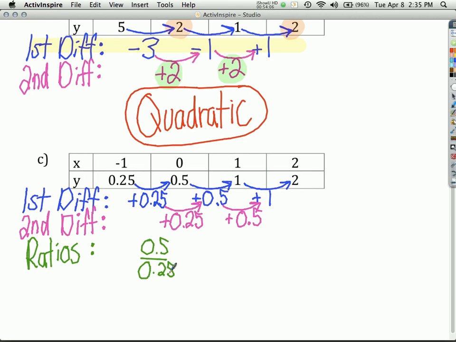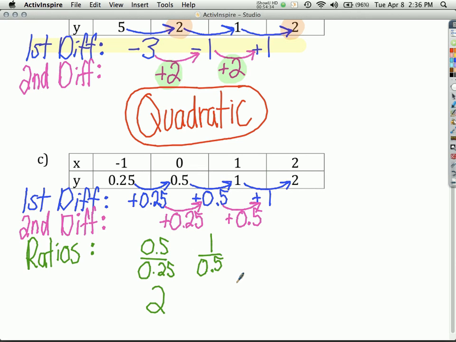What does that come out to, Sebastian? Comes out to 2. Or 2 over 1. Now, let's look at these two values. 1 over 0.5. Put that in simplest form. What does that come out to? Only a couple of people know.